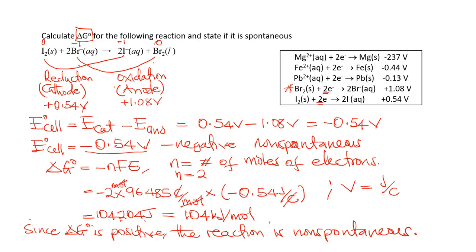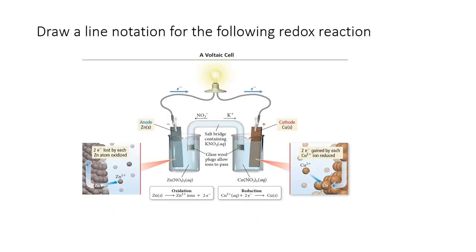Now let me look at the last problem. Draw a line notation for the following redox reaction. Now here you are given a redox reaction. If you want to draw a line notation, the left side must have oxidation, the right side must have reduction.